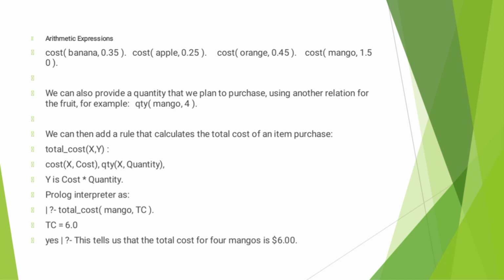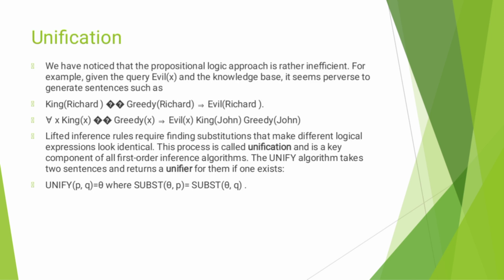Y is the cost into quantity. Prolog interprets it as total cost, mango, total cost, that is 6. Simply, mango cost is 1.5, so we need 4 mangoes, so the calculation is 4 into 1.5 equal to 6.